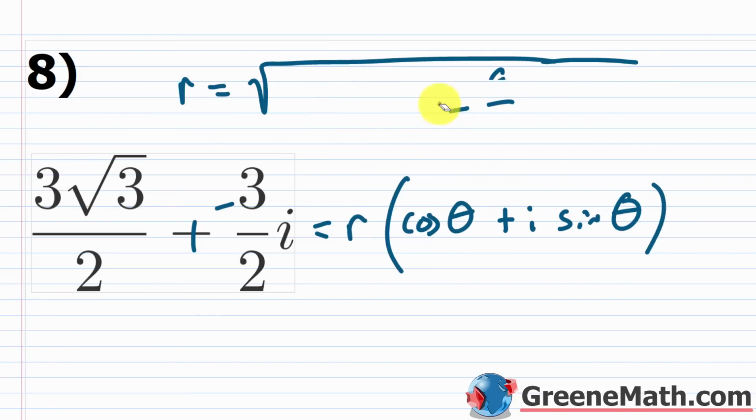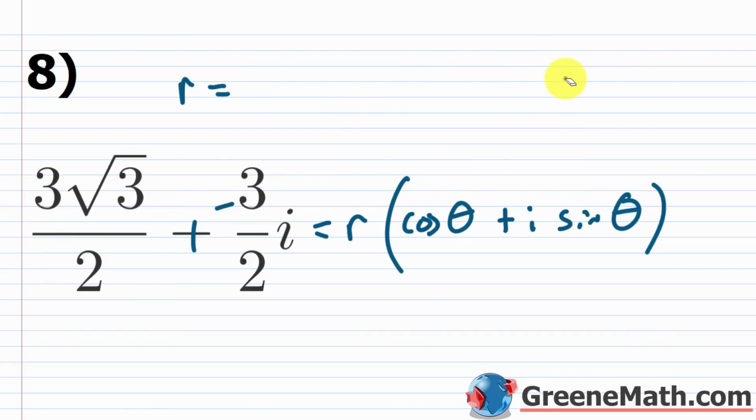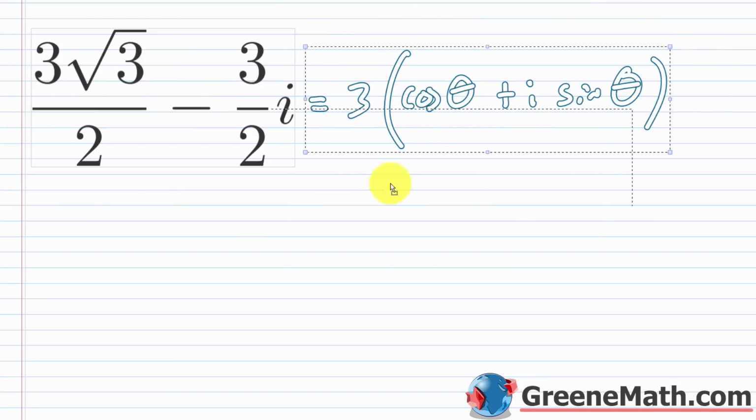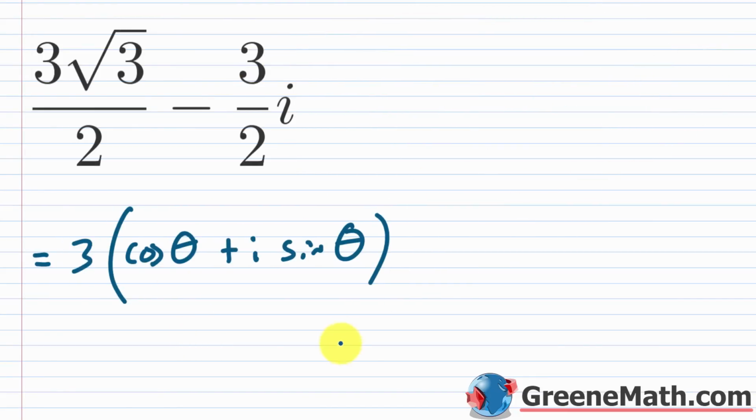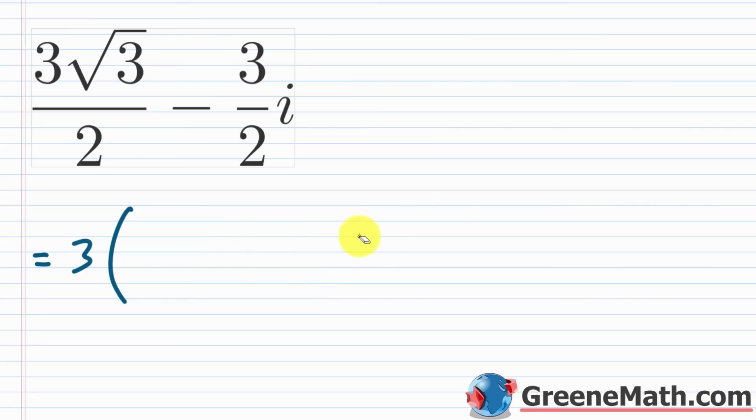Put that over the common denominator of 4. So we know that 36 over 4, that's just going to be 9. And the principal square root of 9 is 3. So the value for R here is 3. So let me put that in here. Maybe I'll make that a little bit cleaner here and just put this as 3. And actually, let me get rid of this. I'm just going to drag this down here just so we have a little bit more room. And maybe I'll just rewrite this.